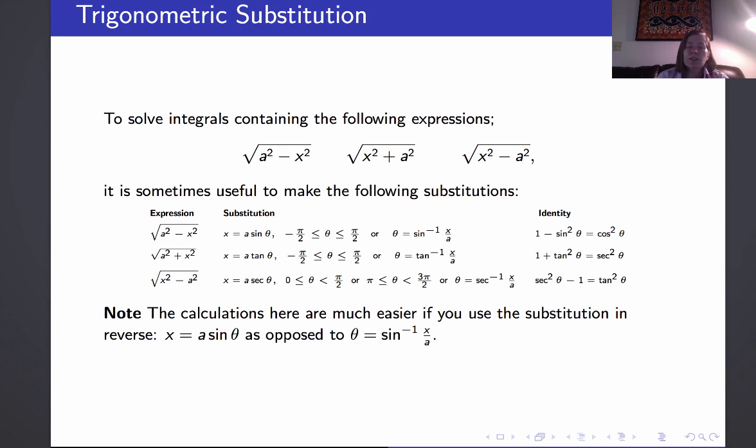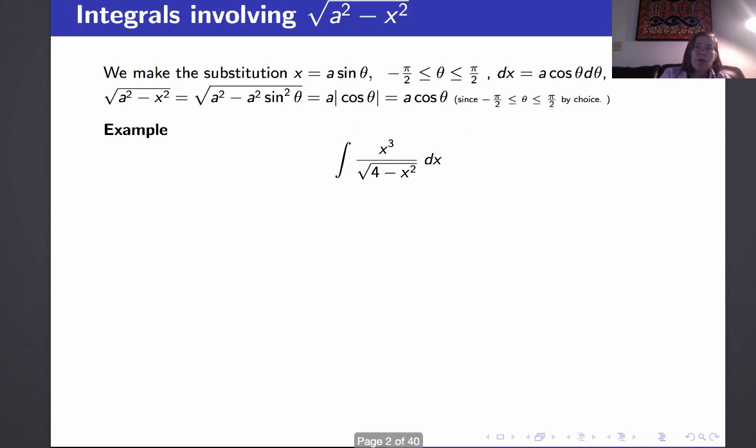These calculations are much easier if you use the substitution in reverse. You replace the x by a times sine theta, as opposed to using your regular substitution, theta equals sine inverse x over a. Let's look at an example.